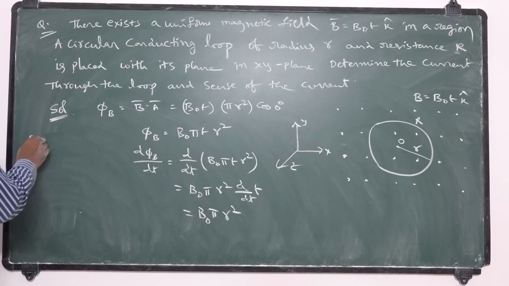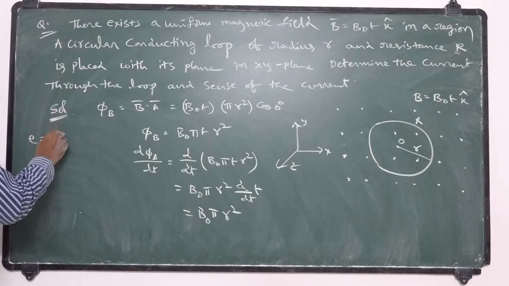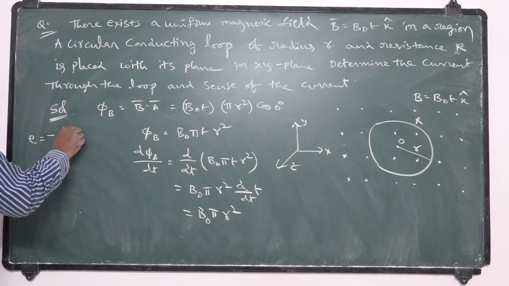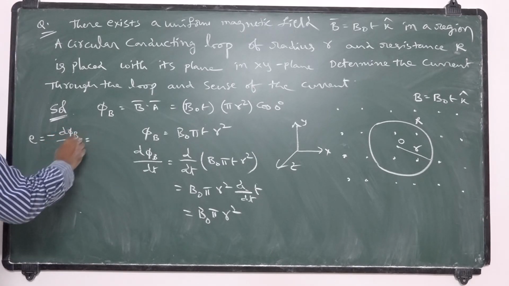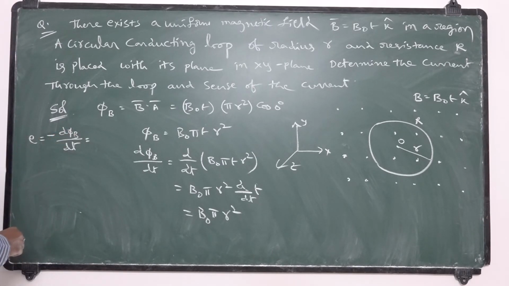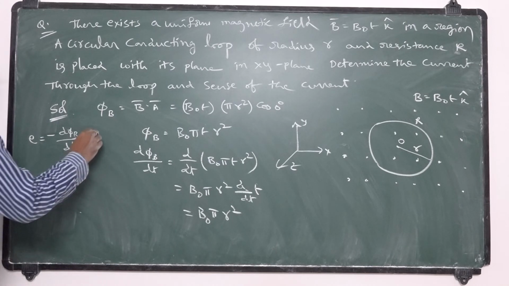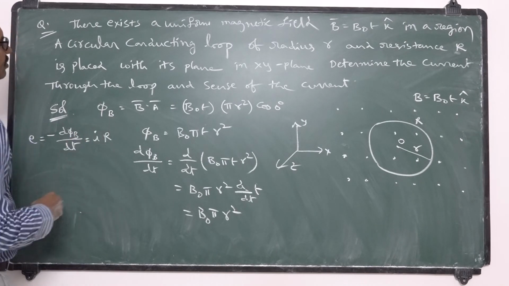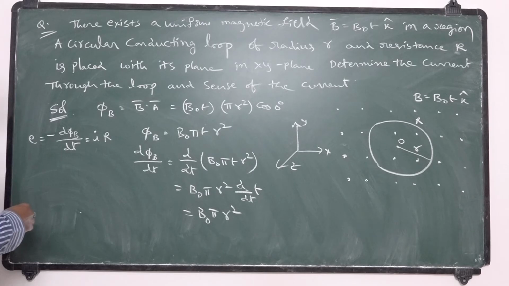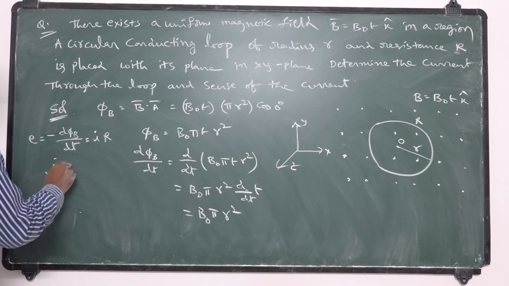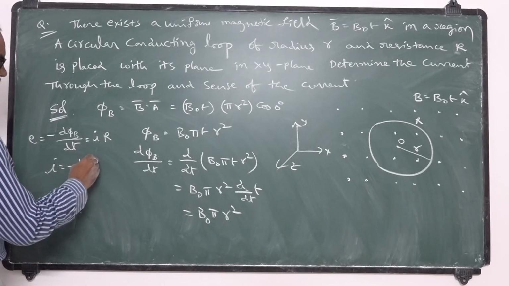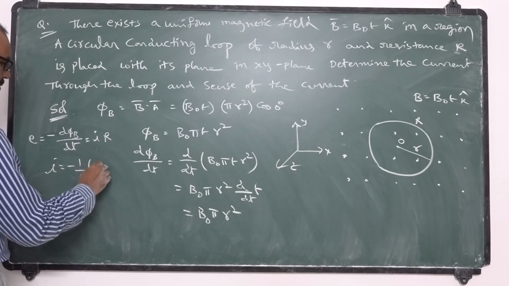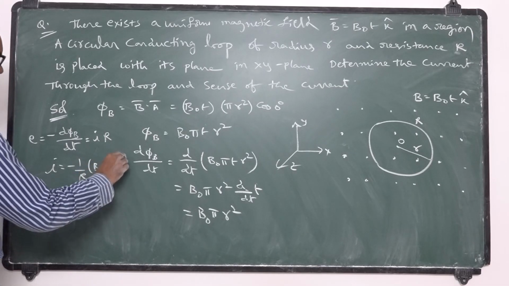So induced EMF, with only one loop, is equal to minus d phi B by dt. Induced EMF is equal to induced current into resistance. You are asked to find induced current. So induced current is equal to minus 1 by R into d phi B by dt, that is B naught pi small r square.